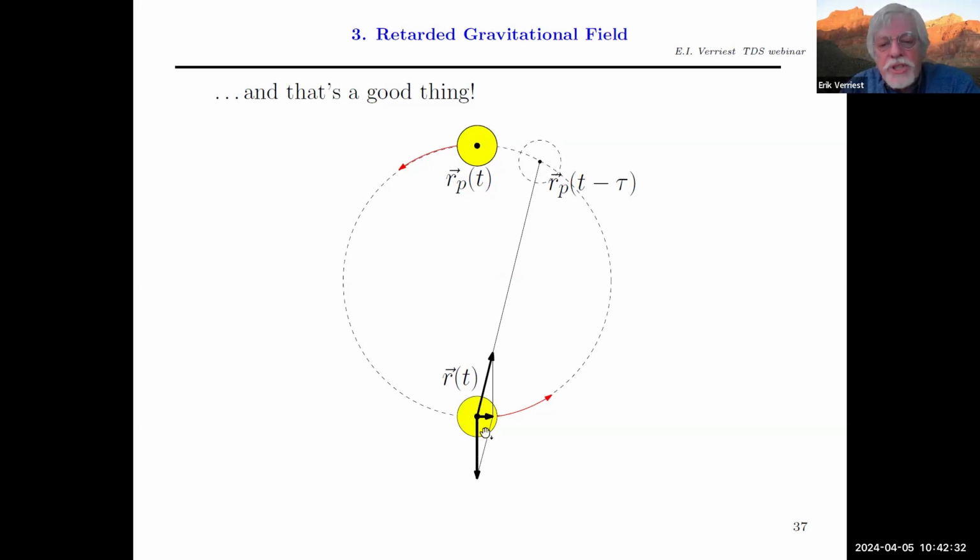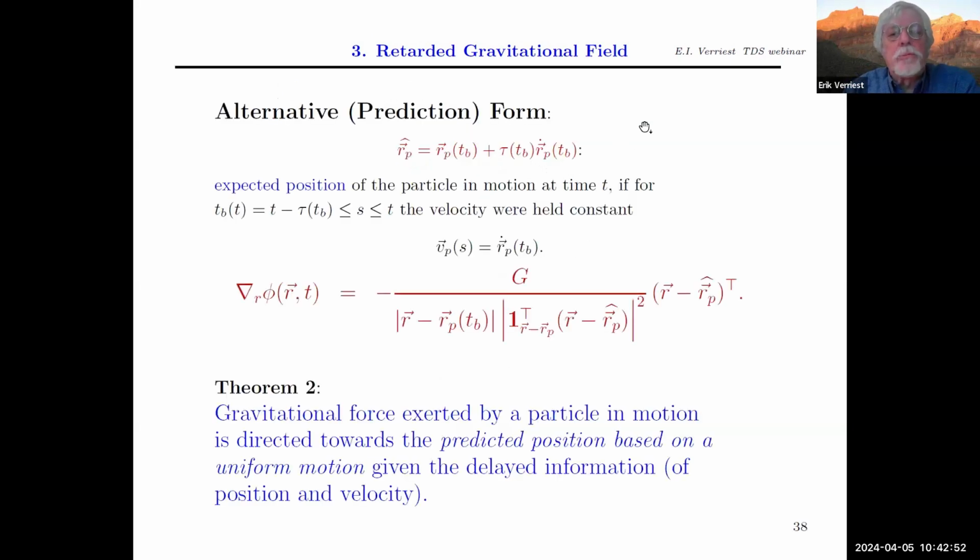Centrifugal force points here, which means that there is a net force tangent to this circle, which means that your binary system would keep spiraling out of control, getting larger and larger in radius, and nothing could be stable. So it's a good thing that we have this magnetic term to correct for that.